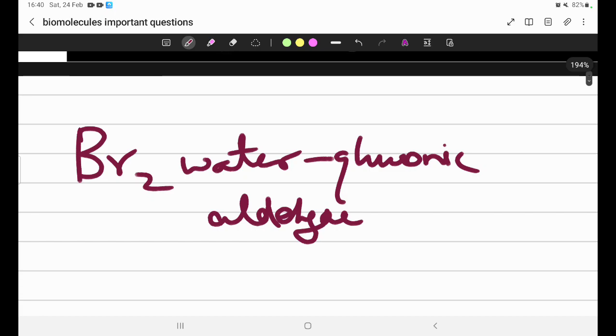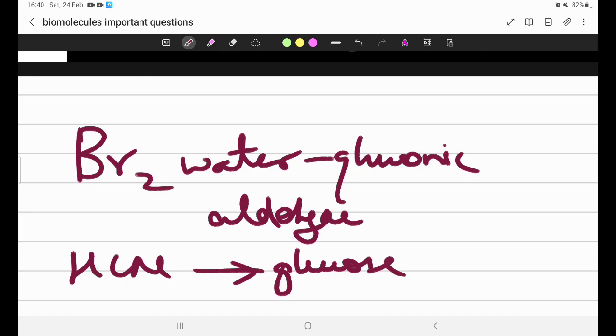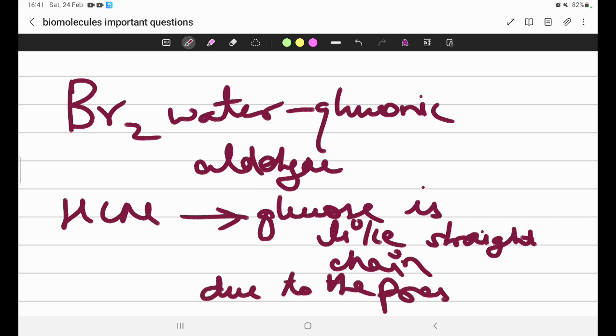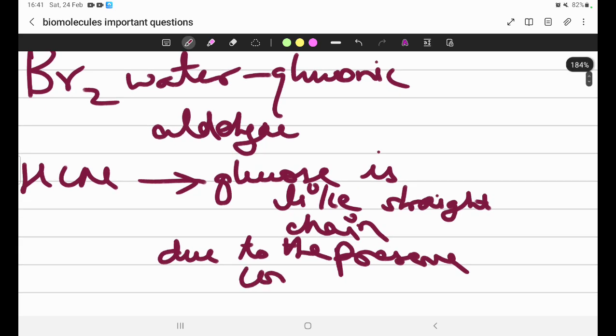Now, why do we add HCN? So that we can show that glucose is a straight chain, due to the presence of the CHO group. Also you can write due to the presence of the CHO group.